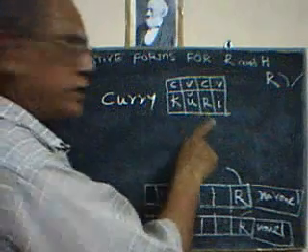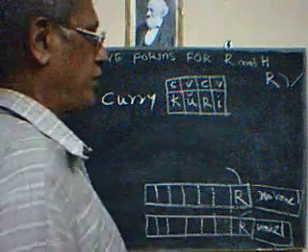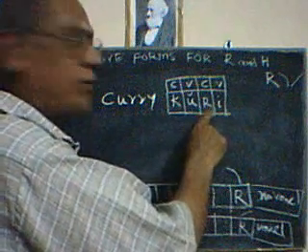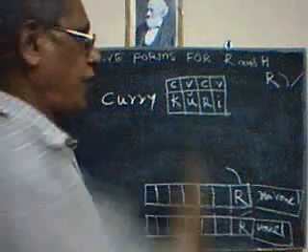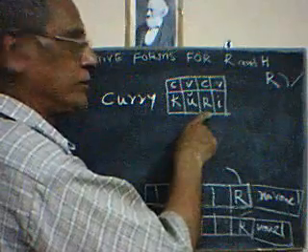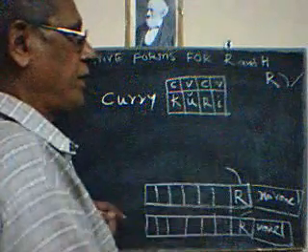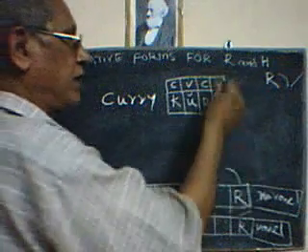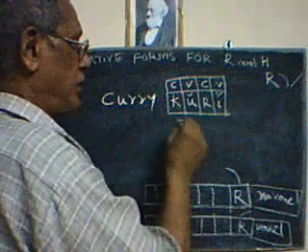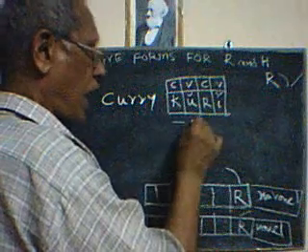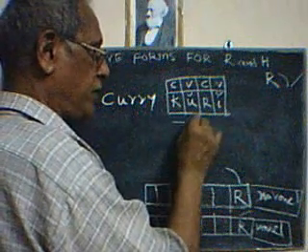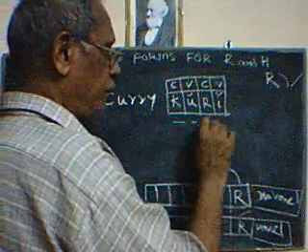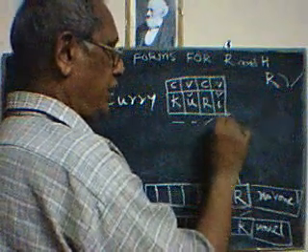What are the consonants? K and R. So this R is final consonant. Final R is written upward if the vowel follows. There is a vowel, E vowel. A is also represented by a light dash.